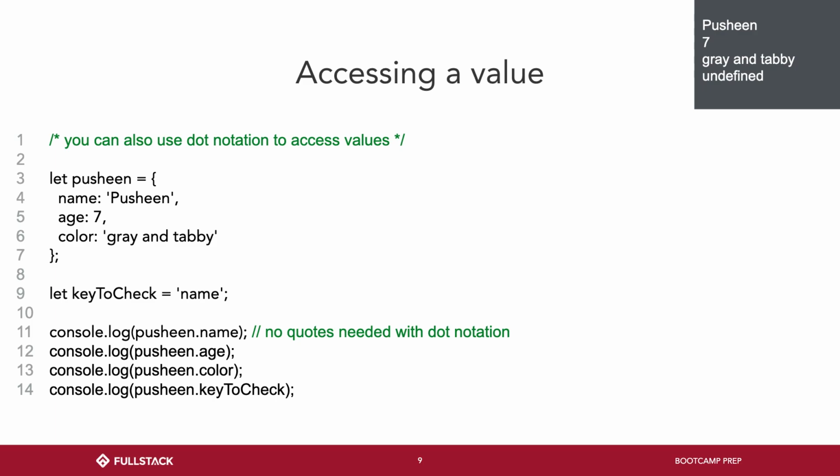It's because dot notation takes everything to the right and makes it a string. So here we look up dot name and we get the name, dot age we get the age, color. But where in this object is key to check? It's not there, so we get undefined. And that's the downside of using dot notation. It doesn't evaluate variables before checking the object.